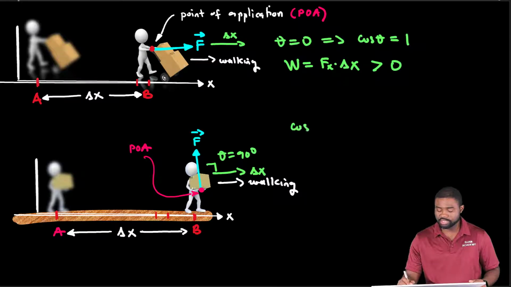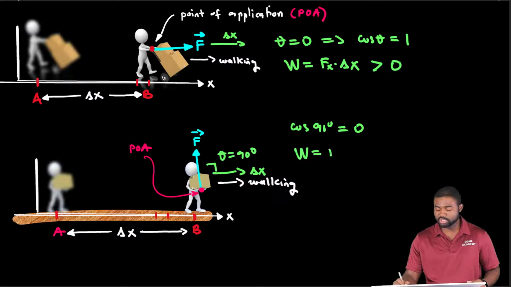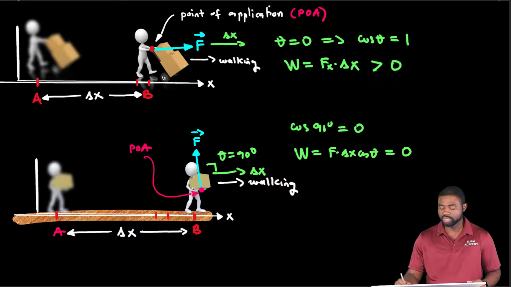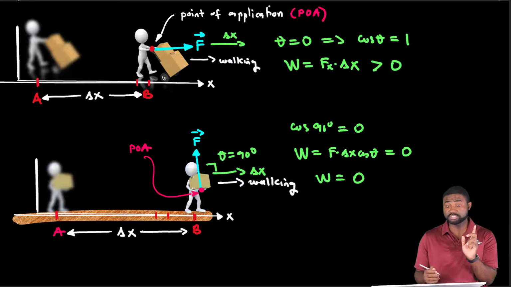The cosine of 90 degrees is 0. If the cosine of 90 degrees is 0, it means that the work done, which is F delta X cosine theta, will be 0. In other words, no work is done, even though there is a force and there is a displacement.